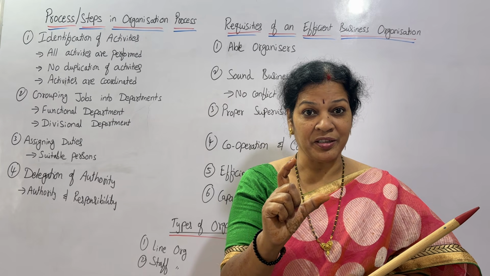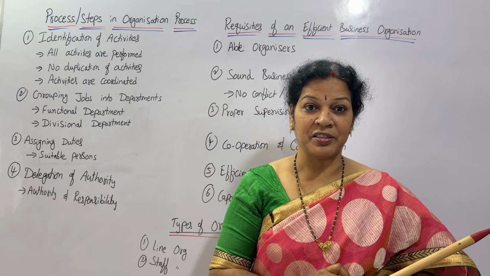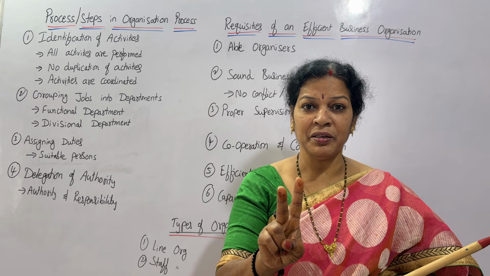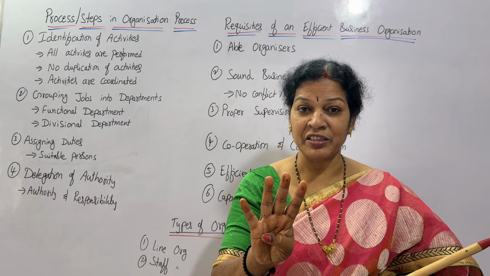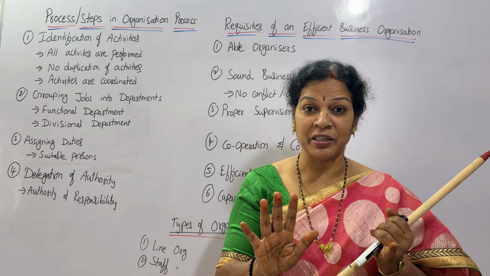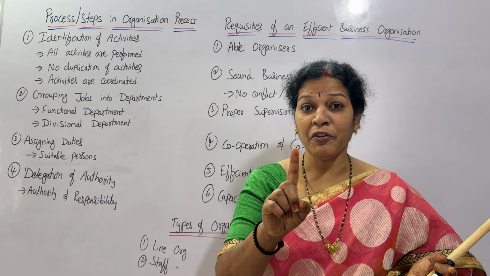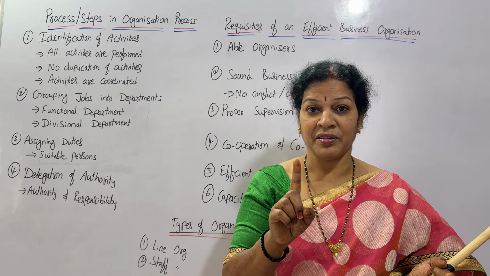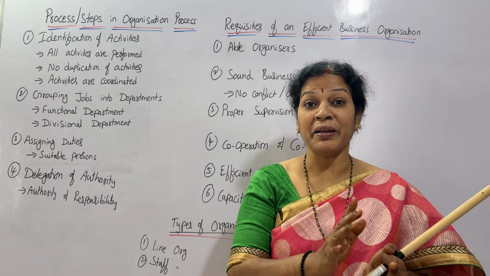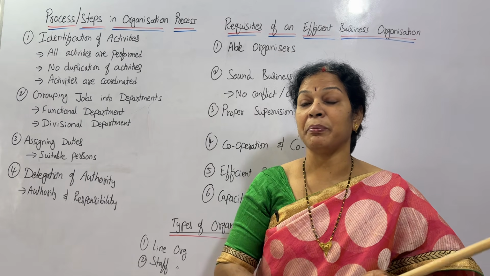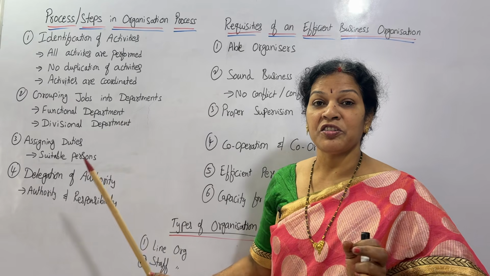Related to this product, we have different departments: production department, sales department, purchase department, finance department, HR department, marketing department. Different departments are there for one product. So this is taken care of by the different departments. One product is taken care of by different departments. That we say is a functional department.